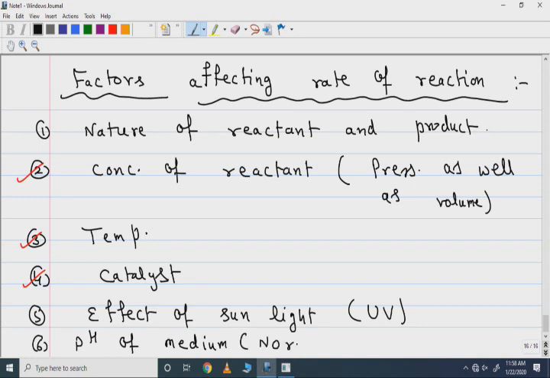This is normally for the acid-base reaction only. Please copy. Copy and then confirm.